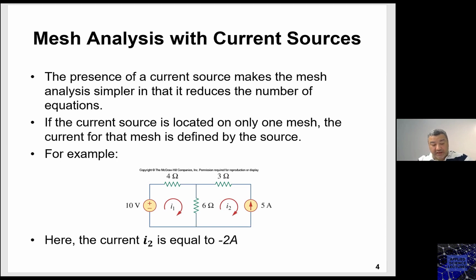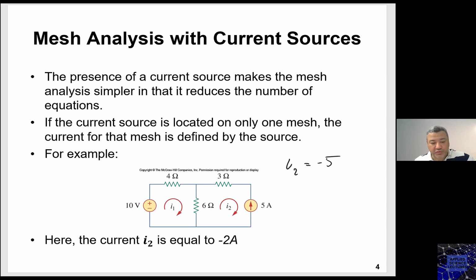If I am to assign the mesh current variables to those meshes, I would be assigning them as you can see here, I1 and I2. However, if I look at I2 and the current source, basically I can conclude that my variable I2 that I have just assigned to this mesh is indeed equals -5.